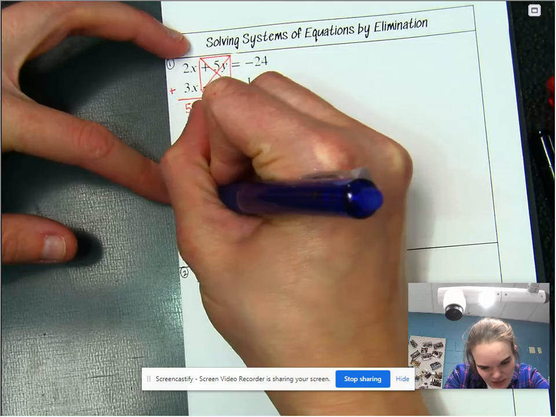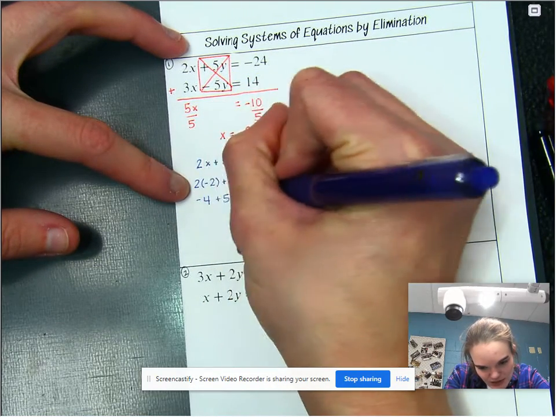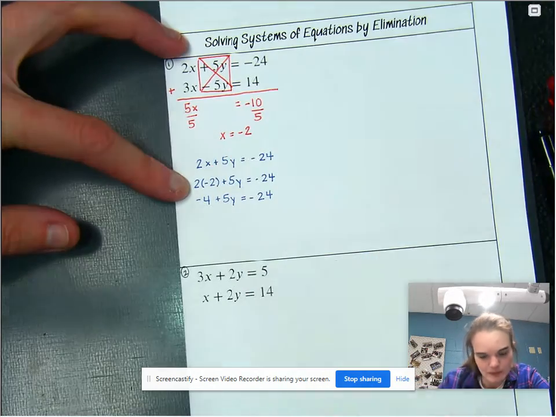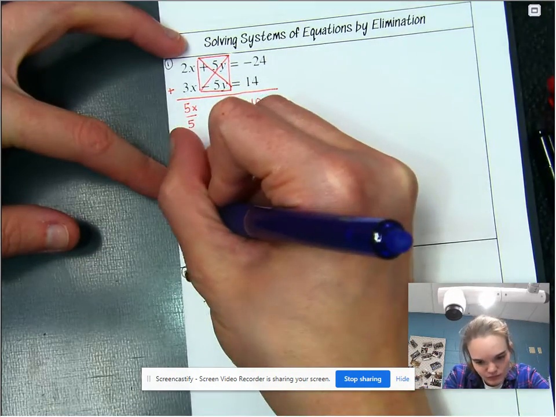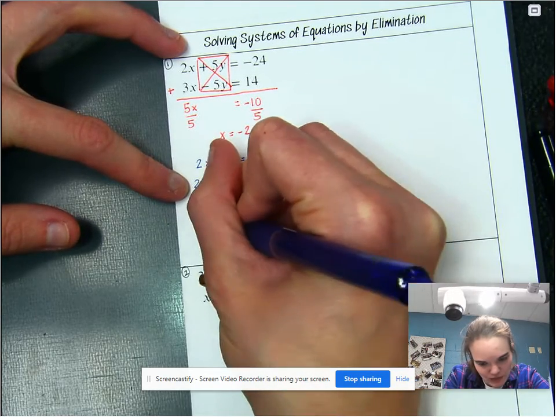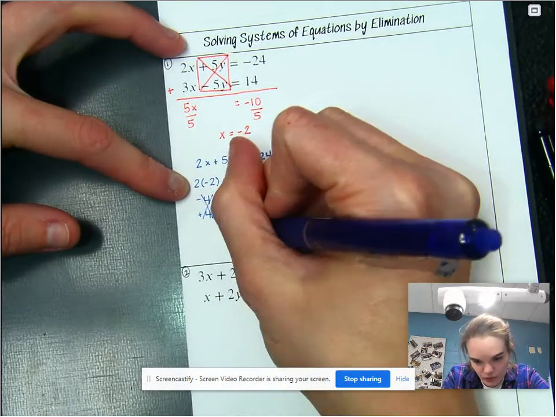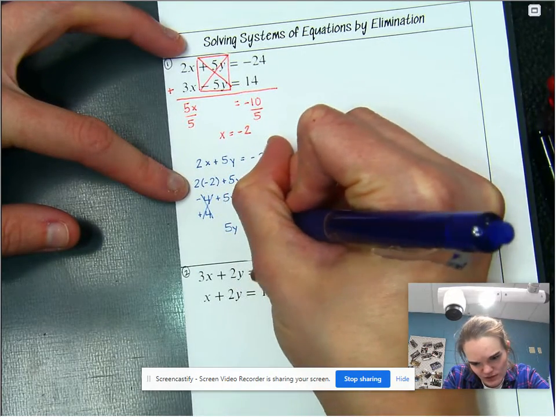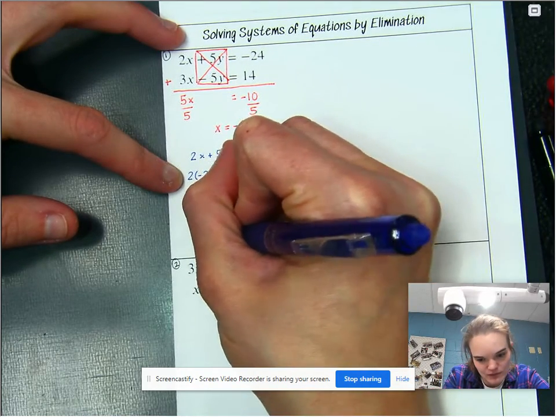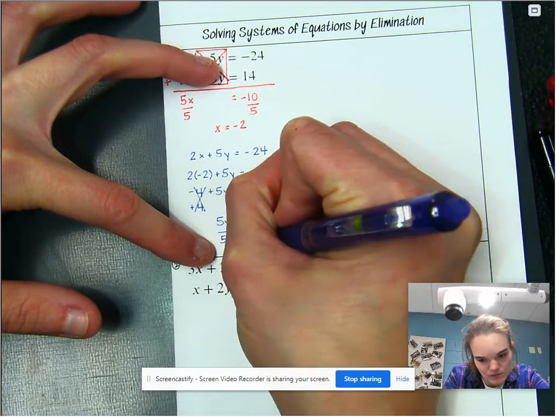So that's negative 4 plus 5y equals negative 24. Add 4. So 5y equals negative 20. Divide by 5. So y equals negative 4.